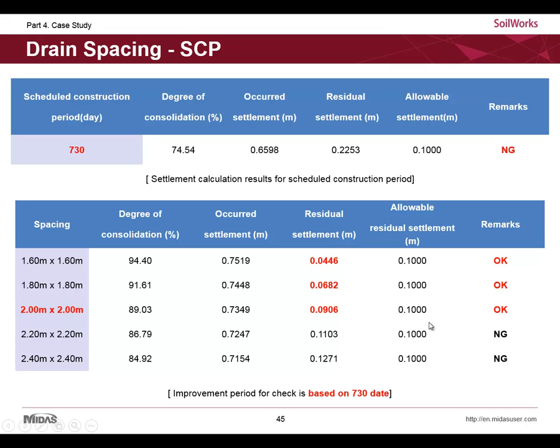It means we have to make sure of slope stability simultaneously for this area. If the factor of safety after coupled analysis is less than the design criteria, let's say 1.2 or 1.3, we have to take smaller spacing or increase the substitution ratio of SCP.